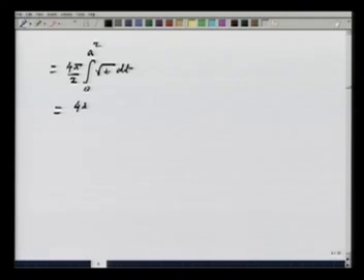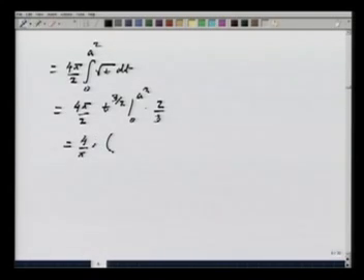Final answer then is 4 pi by 2, t to the power 3 by 2 from 0 to a square, into 2 by 3. So what I get is 4 by 3 pi, then t to the power 3 by 2, instead of that I would put a square to the power 3 by 2.